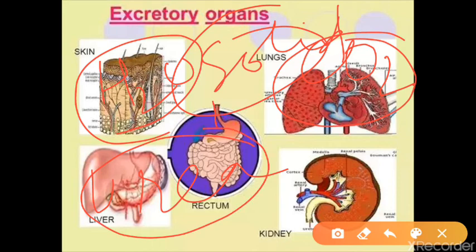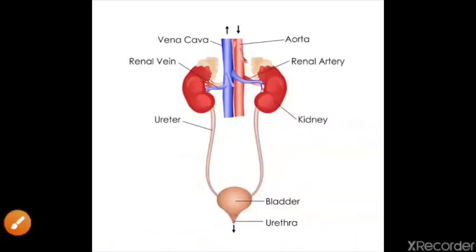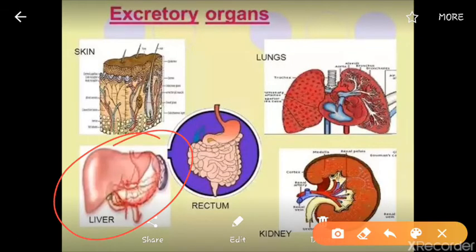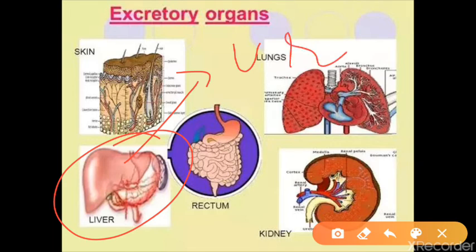So the organs that help in excretion, let's talk about the examples. First, the liver. The liver removes the urea, as I have told: the incomplete digestion of protein results in the decomposition of protein in the liver in the form of urea. So the liver is also acting here as an excretory organ.